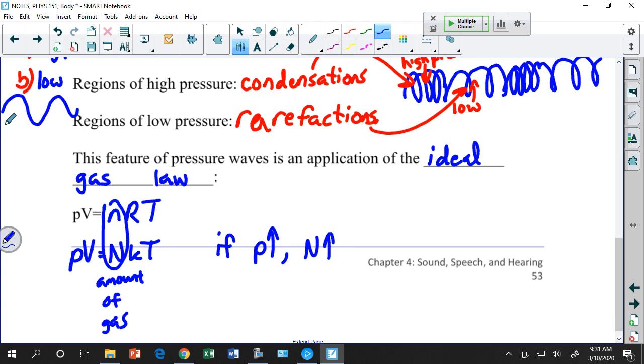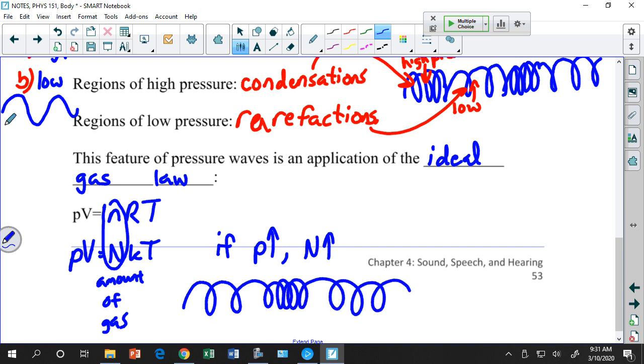So if I were to draw a picture here, I'll just sort of draw the spring again. Here I have a lot of N. So I have a big N. That means I have a lot of molecules.